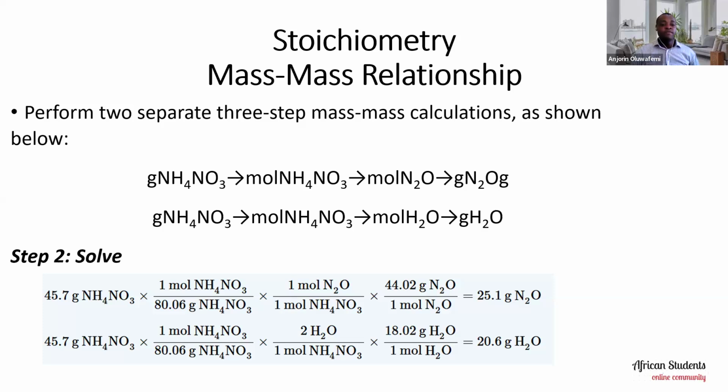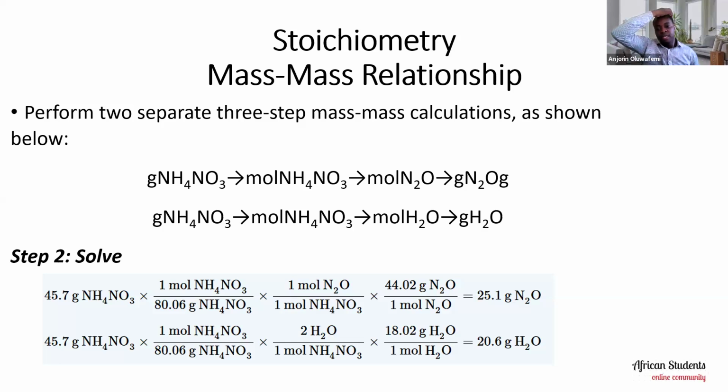Now, in the same vein, 45.7 gram of NH4NO3, multiplied by 1 mole of ammonium nitrate divided by 80.0 grams of ammonium nitrate, multiplied by 2 moles of water divided by 1 mole of NH4NO3, multiplied by 18.0 grams of water divided by 1 mole of H2O.